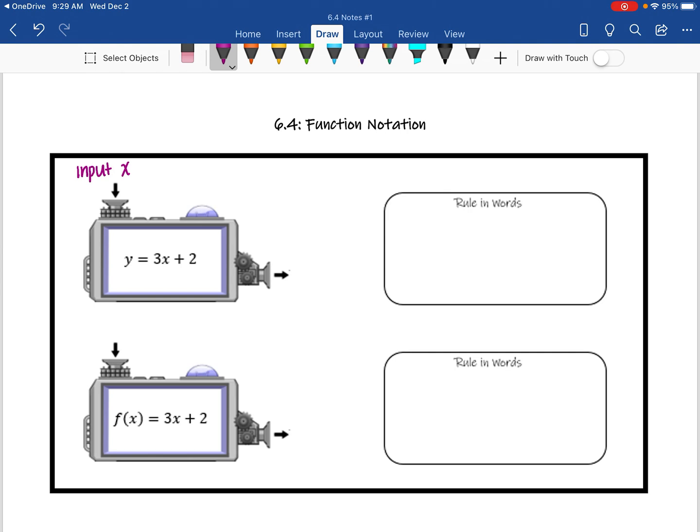Okay, when we put that into the machine, what's going to happen to it? The first thing that's going to happen to x is we're going to multiply by 3. After we do that, we're going to add 2.